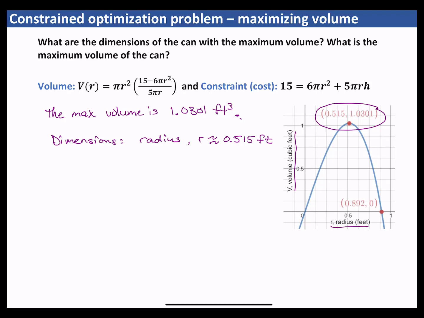Again, we're going to go to the constraint equation because that's the only equation we have that relates the radius and the height. We take 15 equals 6 pi r squared plus 5 pi r h and substitute 0.515 in for r.